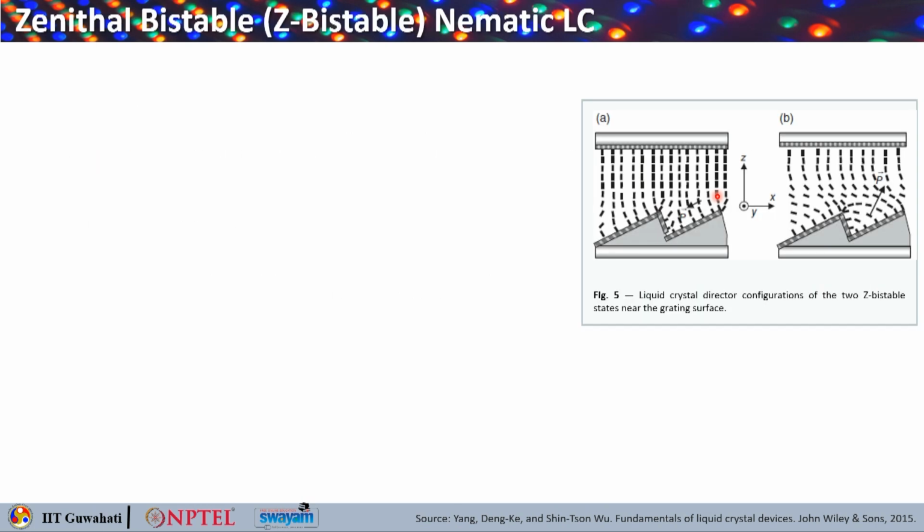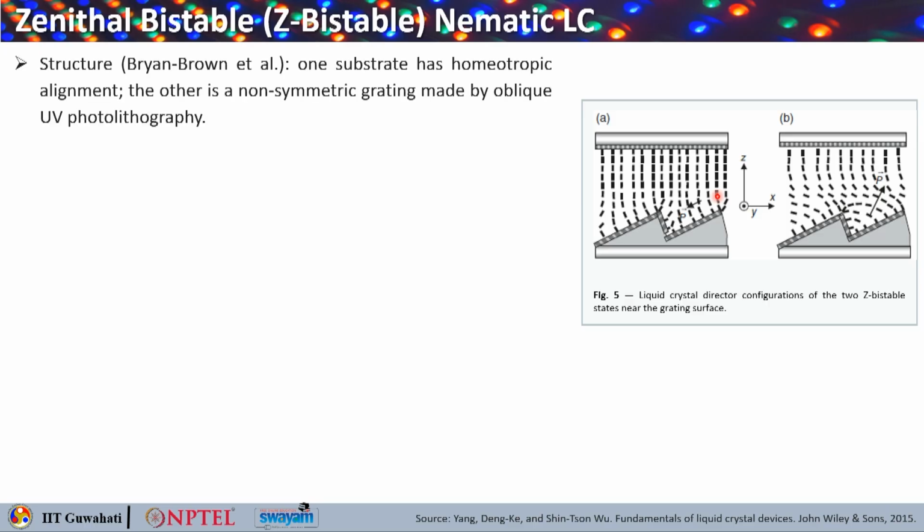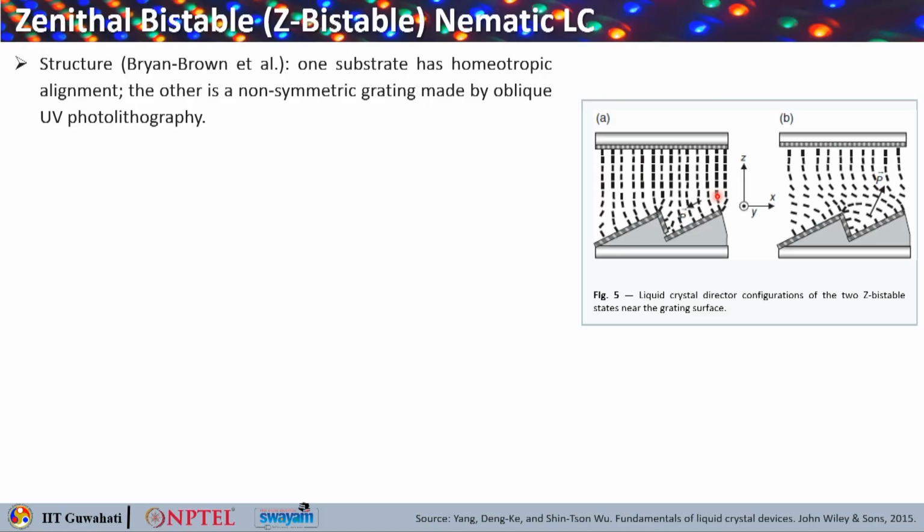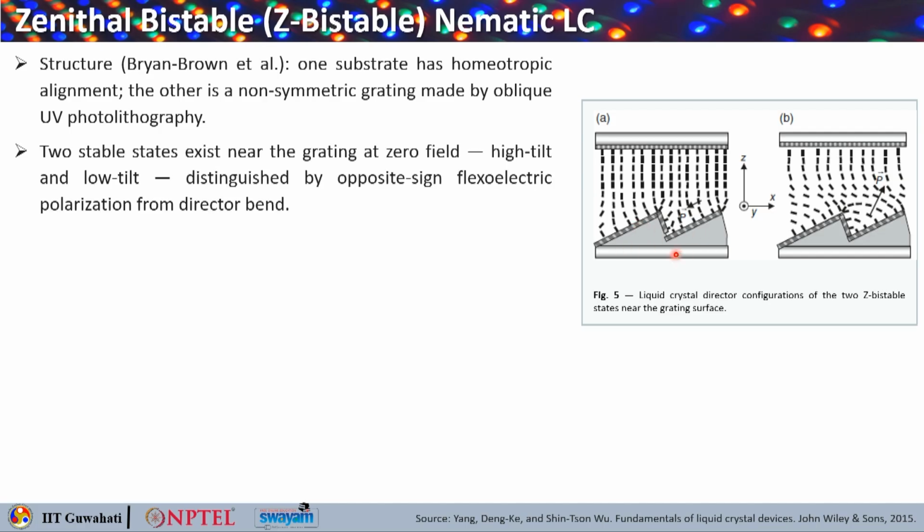Okay. So let us look into this zenithal bistable or Z bistable nematic liquid crystal. So the structure was done by Brian Brown and others. Okay. So one substrate has this homeotropic alignment, the other one is a non-symmetric grating, made by oblique UV photolithography, right.